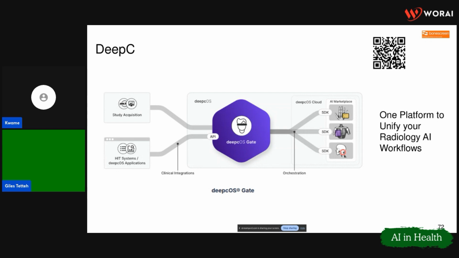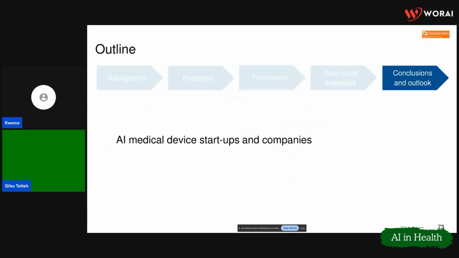So you would find different models for segmenting liver, spine, and so on, all in one solution. And for example, we in Bone Screen can also integrate into their infrastructure to reach hospitals who are already using their system. So that is for the real world examples and startups.